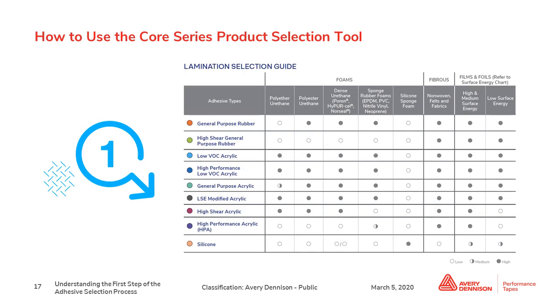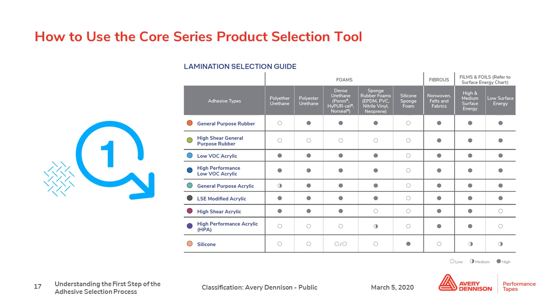So within the lamination selection guide, we're referring to this chart again. There are the adhesive types in that first column, and again, it's color-coded. You'll be able to follow that adhesive type throughout the selection guide. When you see a circle that's filled in, that means we're recommending that type of adhesive for that type of material.